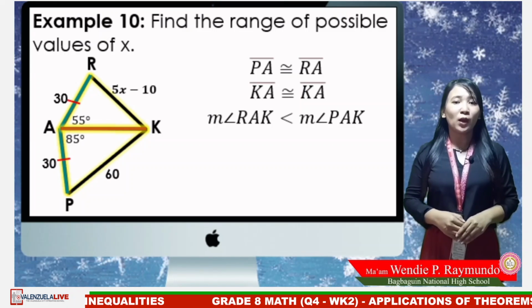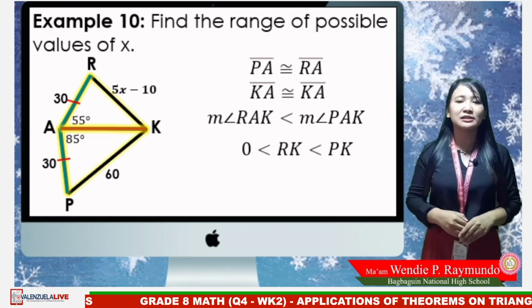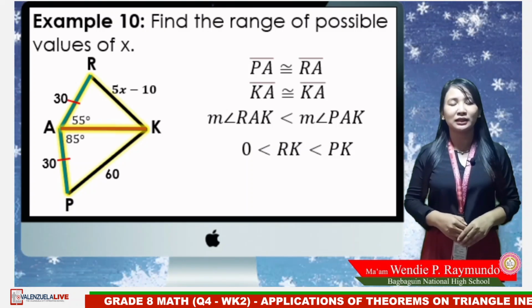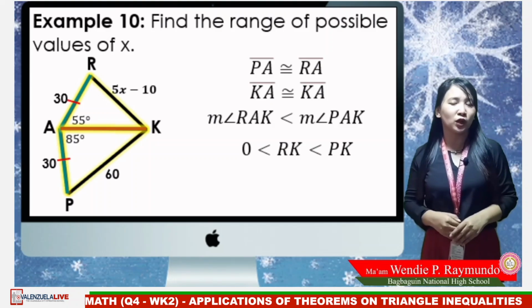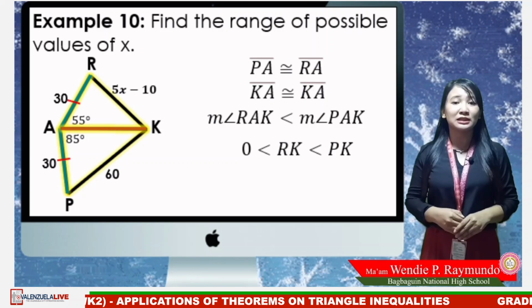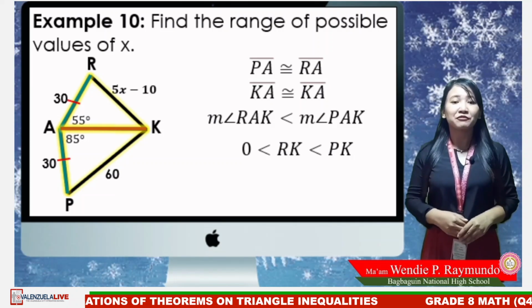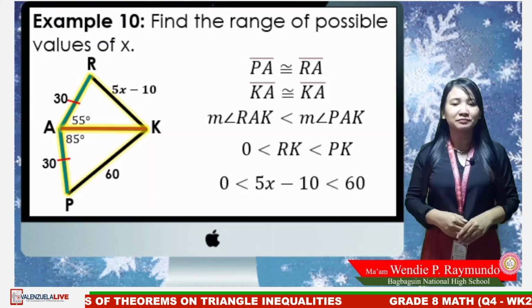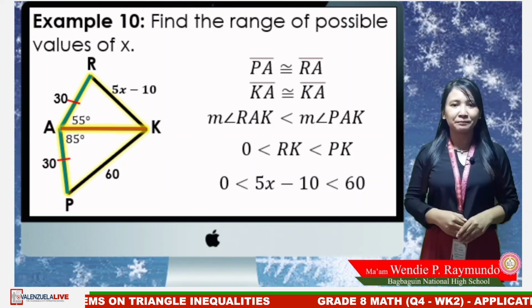Using compound inequality, we have RK is greater than 0 but less than PK. The measure of RK must be greater than 0 but less than the value of PK, which is 60 units. By substitution, we have 5x minus 10 is greater than 0 but less than 60.